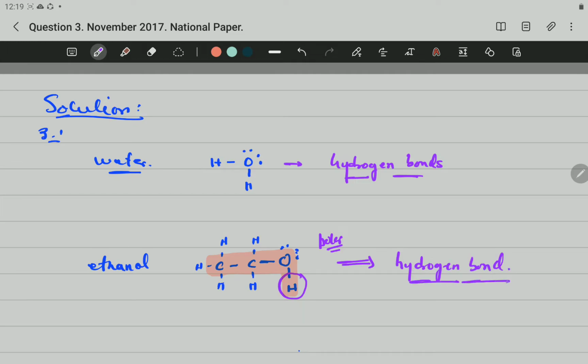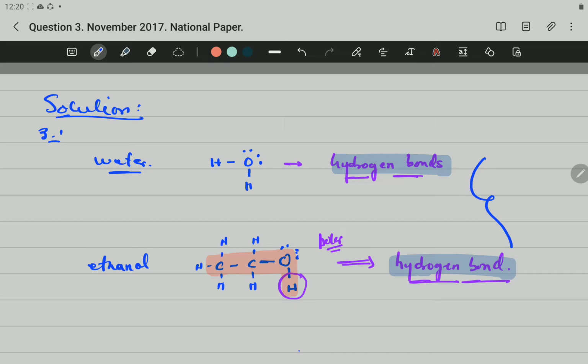When they ask why a specific substance dissolves in another substance, the first important thing is to identify the type of intermolecular forces of those substances. In this case, we have hydrogen bonds and hydrogen bonds. Second, how are the strengths of those intermolecular forces relative to each other?